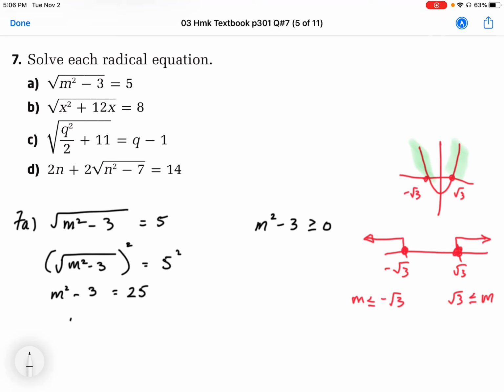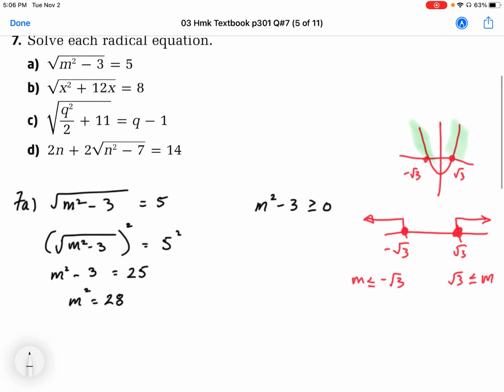Then we solve for m: add 3 to both sides, and then take the square root. 28 is not a perfect square, so we can leave it as root 28, or in simplified form, plus or minus 2 root 7.